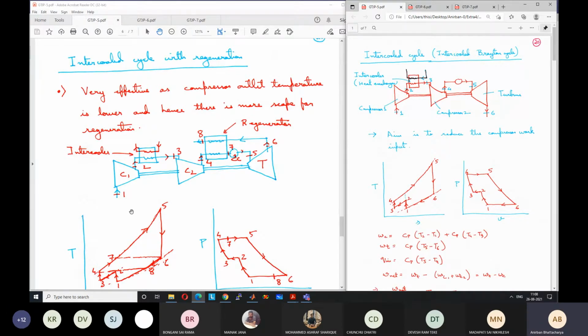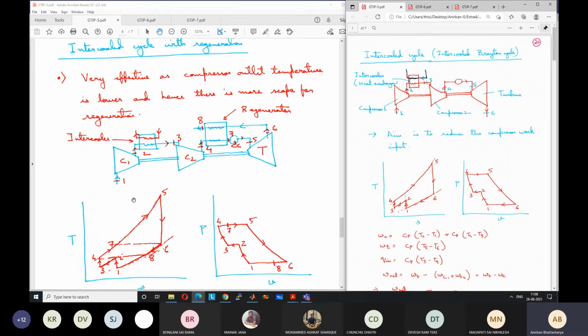Let me just describe the cycle. Like the simple intercooled cycle, we have the first compressor, which compresses the air from ambient condition 1 to a higher temperature and pressure, 2. Then we have the heat exchanger, which we call the intercooler. Here the cooling occurs with the use of cooling water.